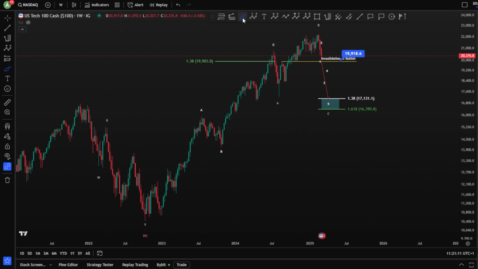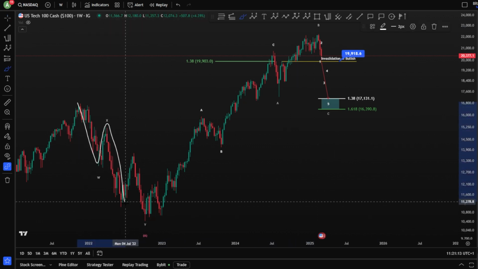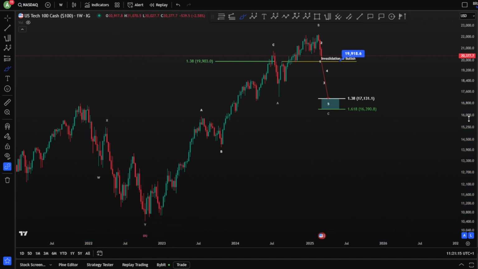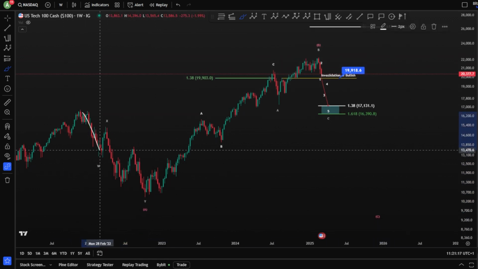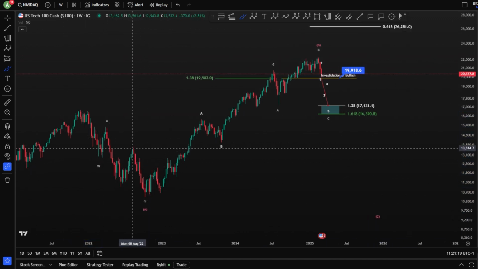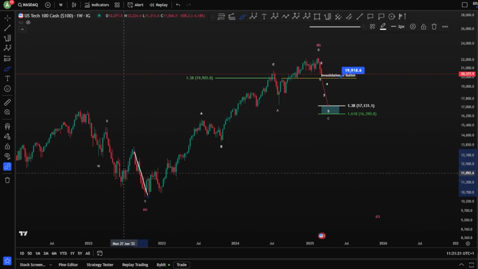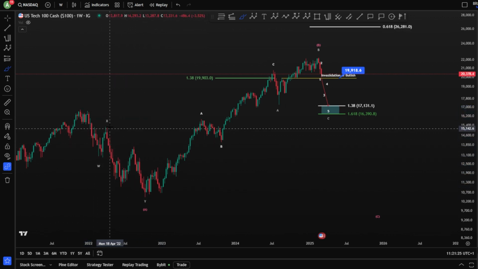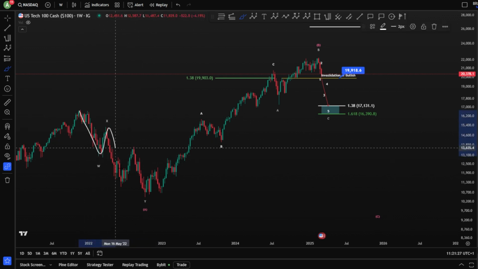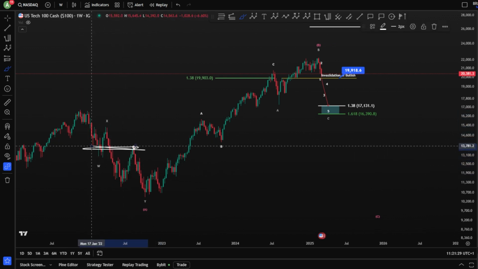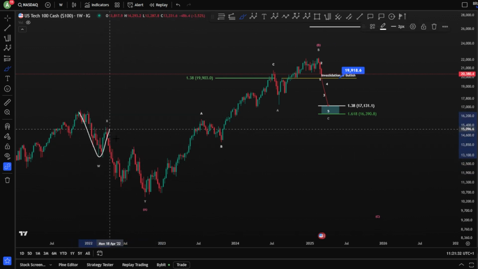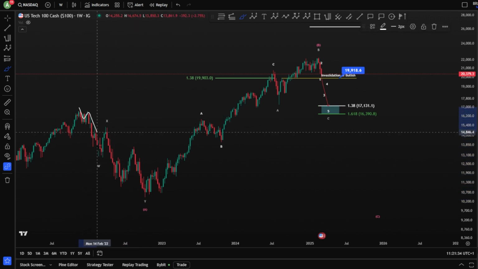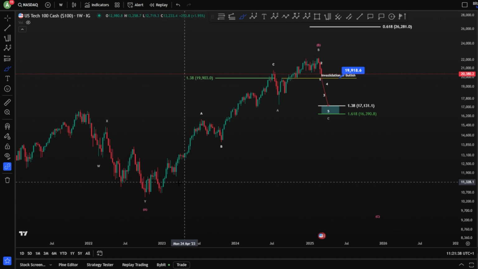And that's because we cannot count a leading diagonal here, or any kind of diagonal, because this wave is longer than your wave 1, in validation, the wave 3, and we don't have any kind of impulse. Your wave 4 interfered with your zone 1, meaning we are corrective in W, a zigzag, X, and another zigzag for your wave Y.